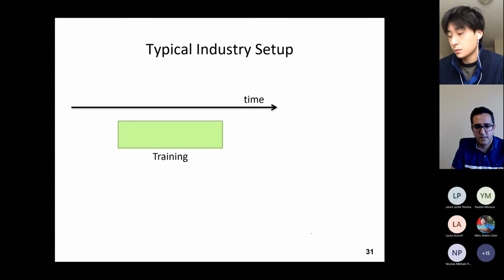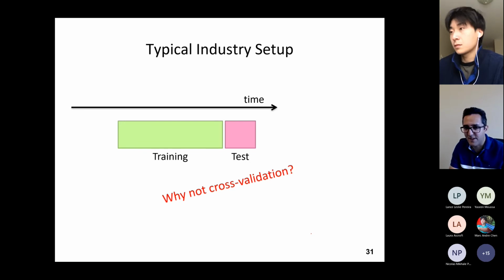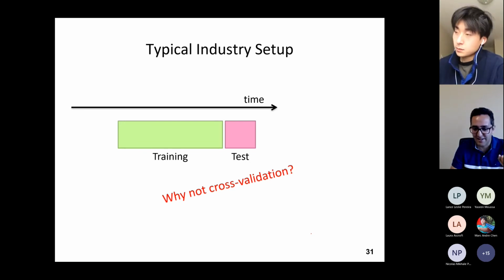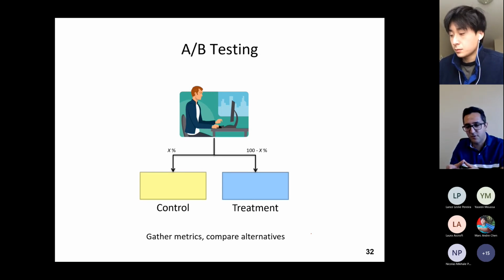In practice, we train, we test, and sometimes we skip cross-validation because we don't have enough time, and we move on to other types of testing, such as A/B testing. What is A/B testing? It's basically having a group for treatment and the rest for control.